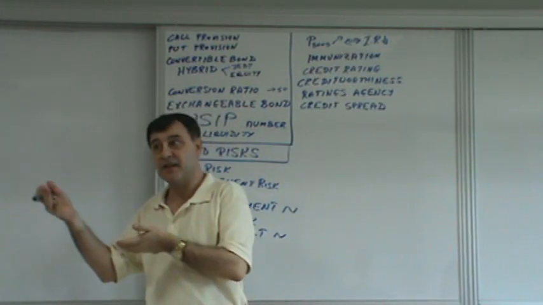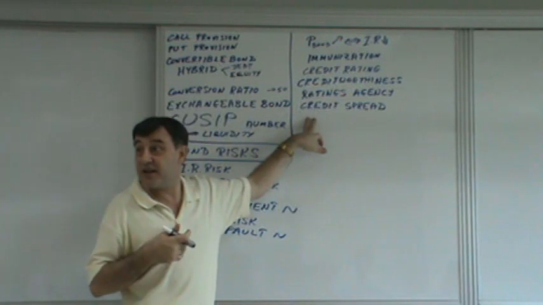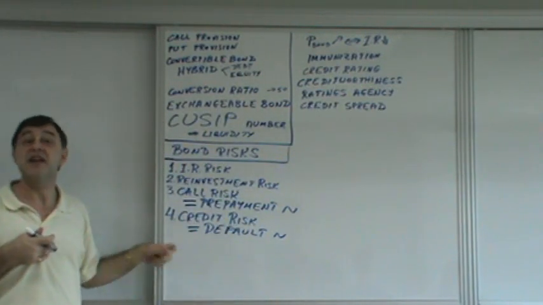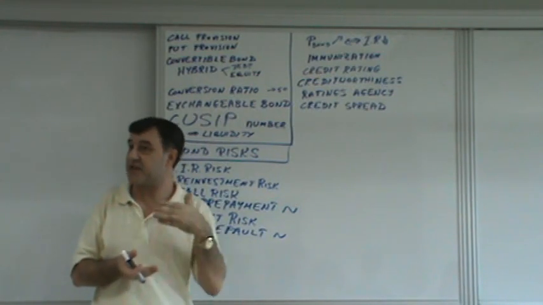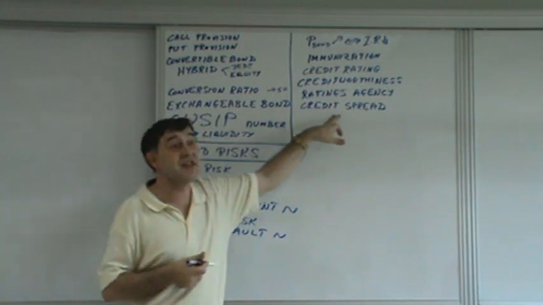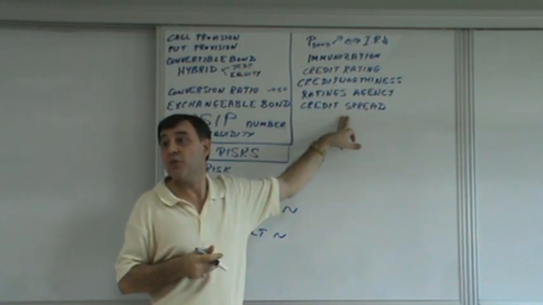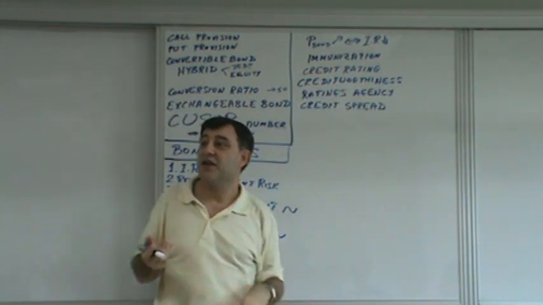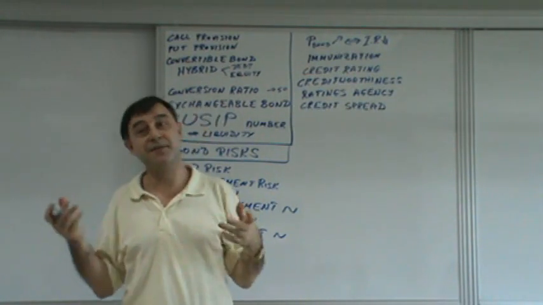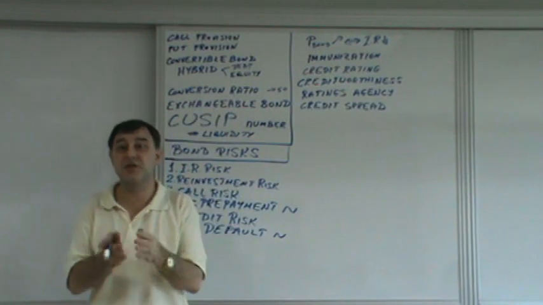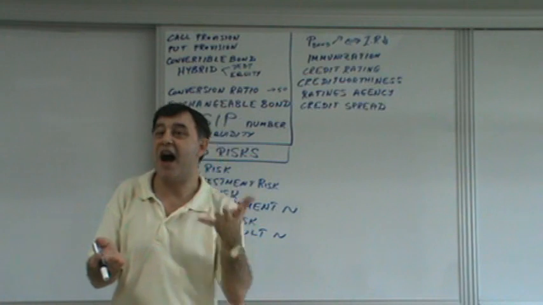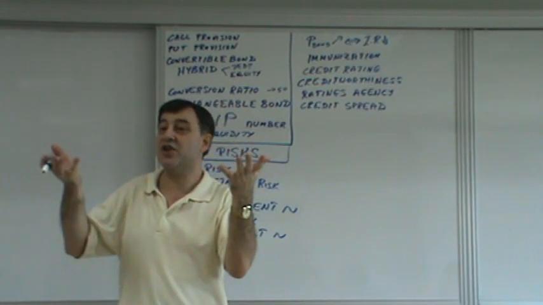So credit spread reflects the credit risk, and if the credit risk is higher, the credit spread will be higher, and therefore the yield will be higher. This corresponds to the most basic, most elementary financial relationship that you study in the second week of finance, which means higher risk means higher return.